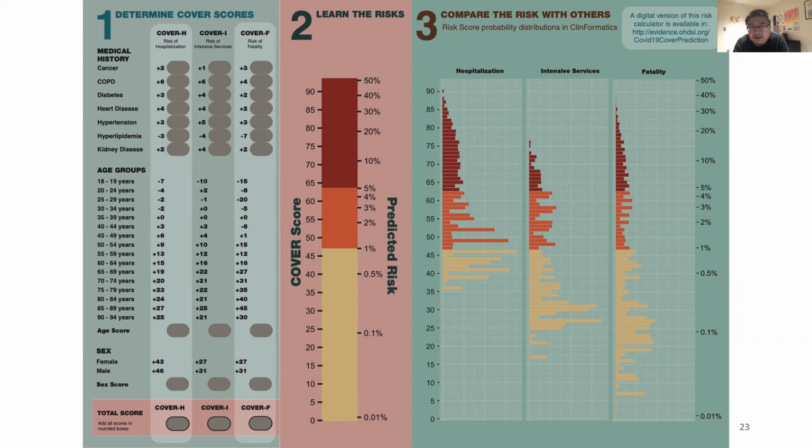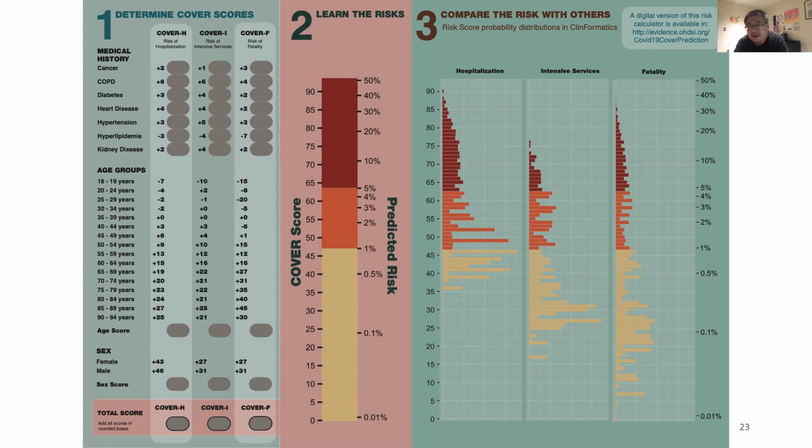This figure also presents the risk converter, which allows easy conversion between the risk score and the predicted risk of the different outcomes. They also provide a plot of the probability distribution of the three models to demonstrate the expected regions the probabilities fall into.